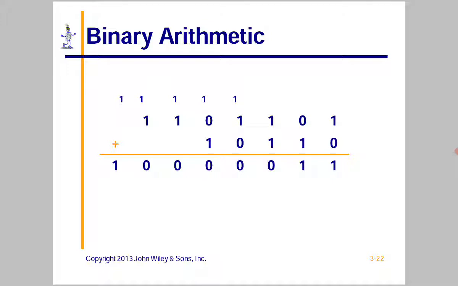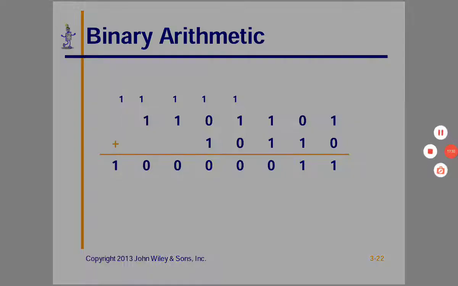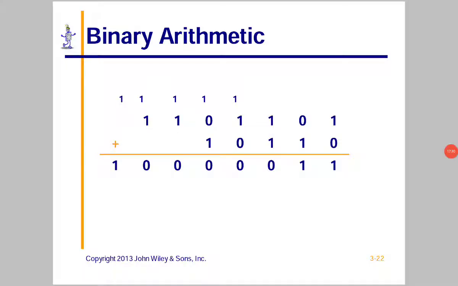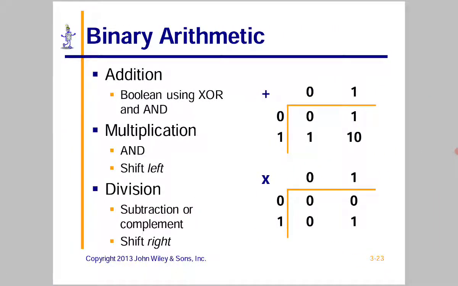So it is called binary arithmetic. What is arithmetic? It means doing calculations, additions or subtractions on these numbers. So next is addition, Boolean using XOR.